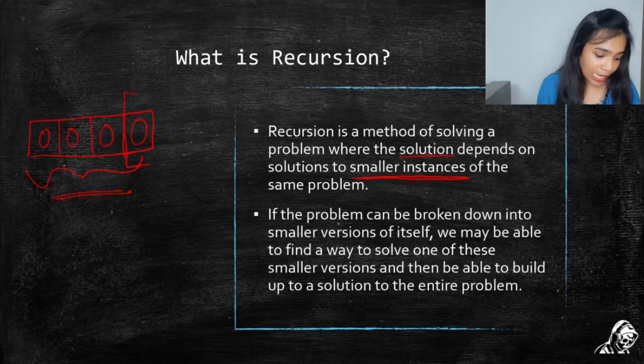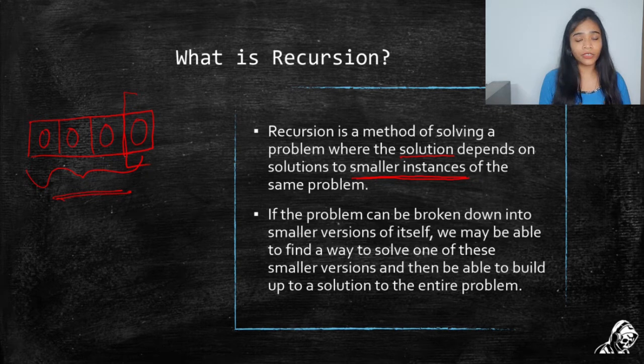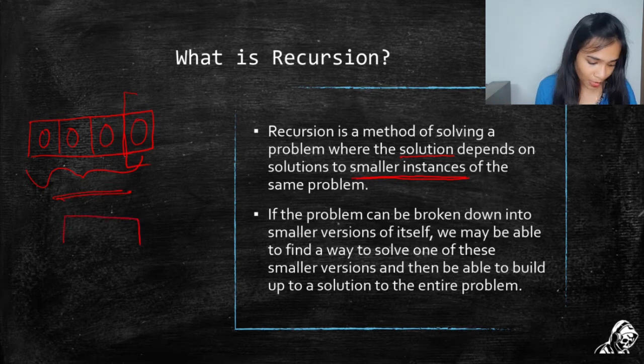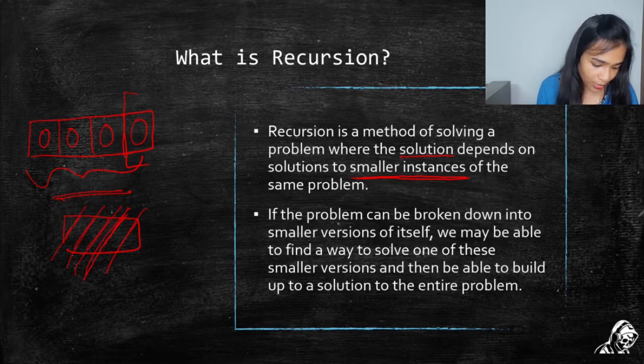So what does that mean? It is very much analogous to our differentiation and integration concepts that we have learned. When you have a given problem, you are going to break it down into smaller parts and solve each and every one of those parts. Let me call this method differentiation.